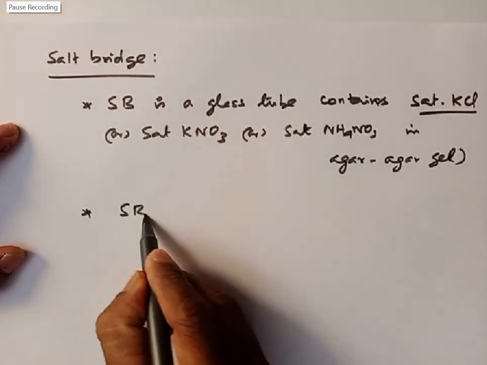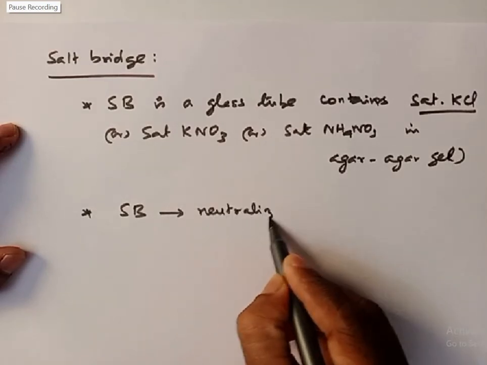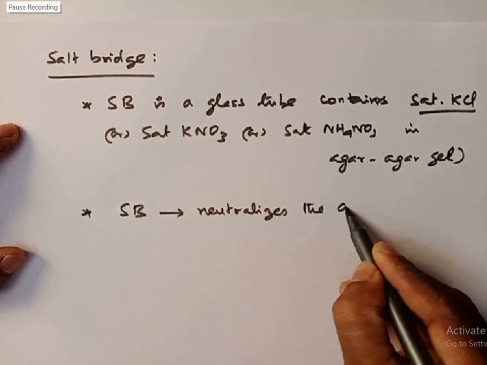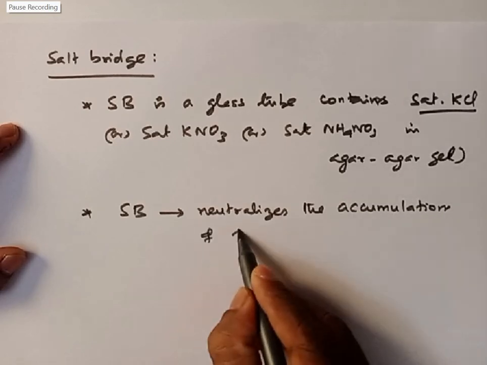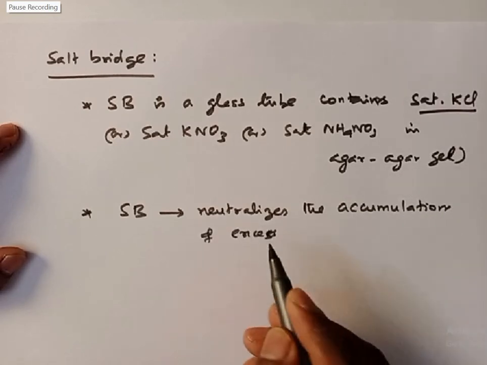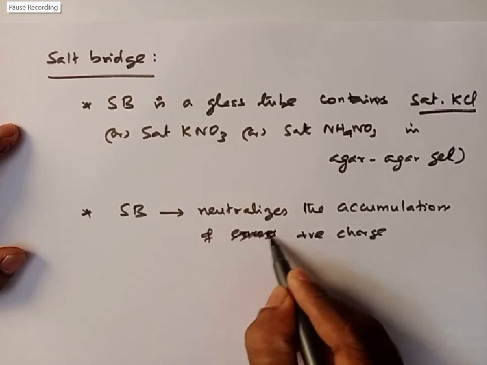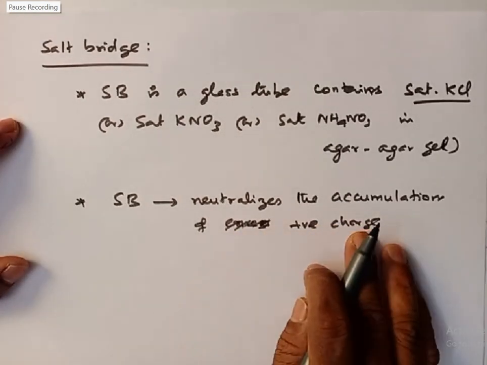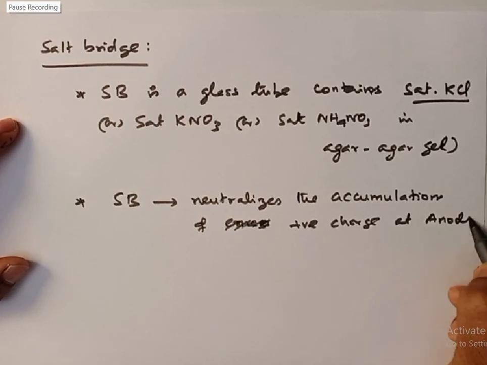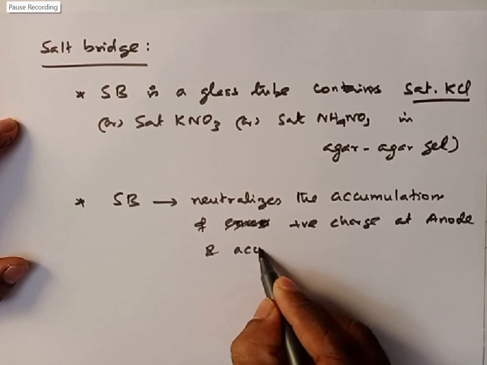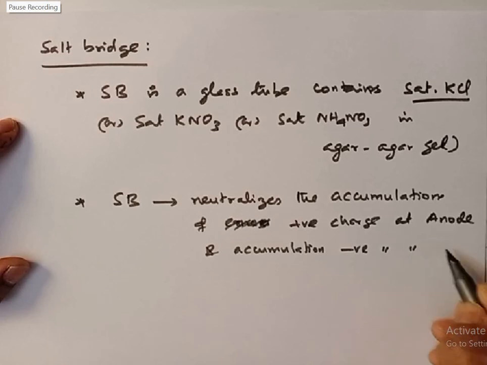Salt bridge neutralizes the accumulation of positive charge at anode, and accumulation of negative charge at cathode.